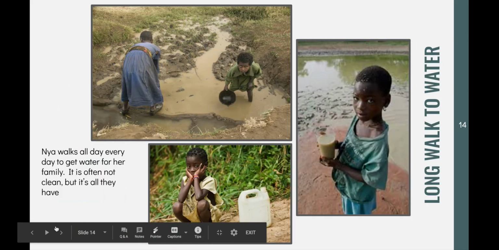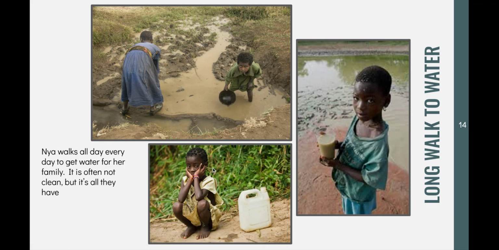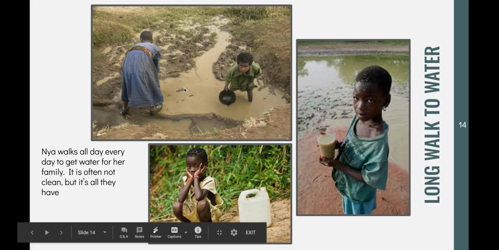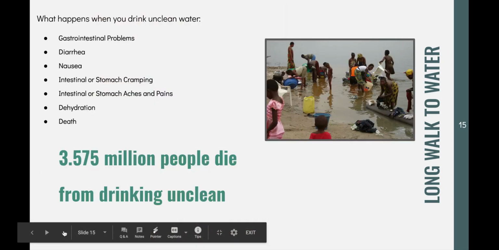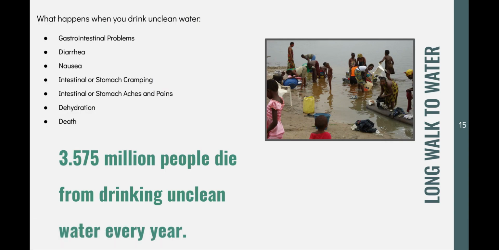I mean, if you look at some of these pictures, I would not want to drink that water, but this is the only option that they have in some places in Africa. 3.575 million people die every year from drinking unclean water.